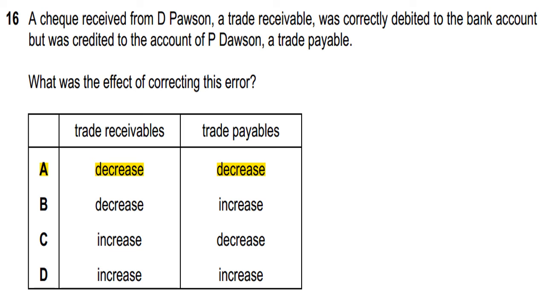Trade receivable will be decreased and trade payable will be decreased, because we have received a check from the trade receivable, so it will be decreased automatically, and we have to decrease the trade payable because we have wrongly increased the trade payable, so it will be decreased.